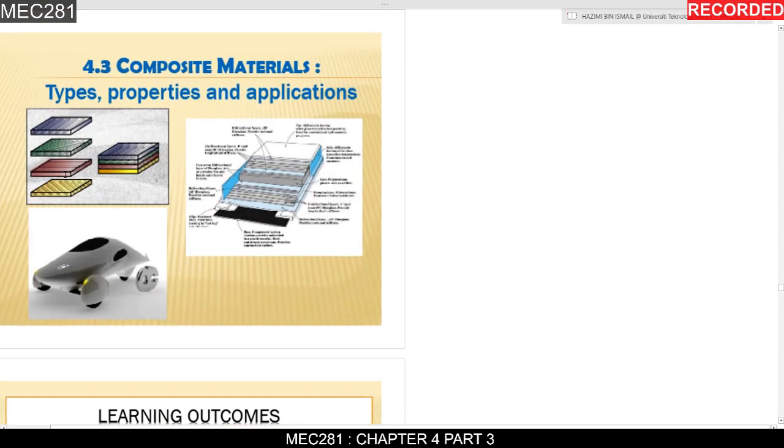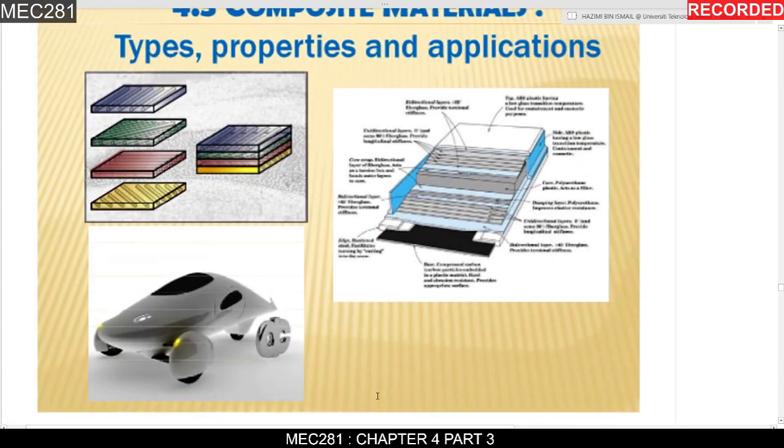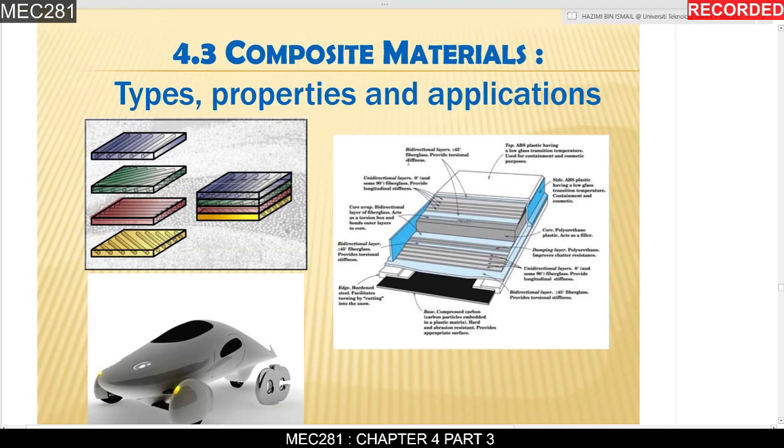Okay, so this is the first slide of 4.3 composite material. Types, properties, and applications are the knowledge that we are going to learn about composite materials.